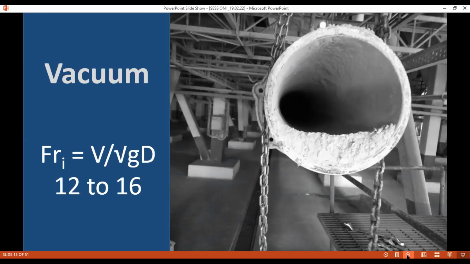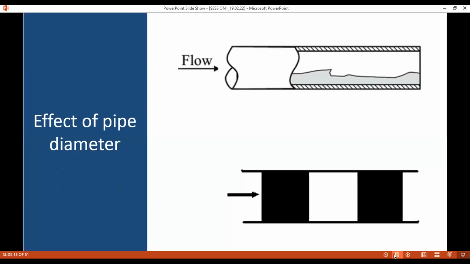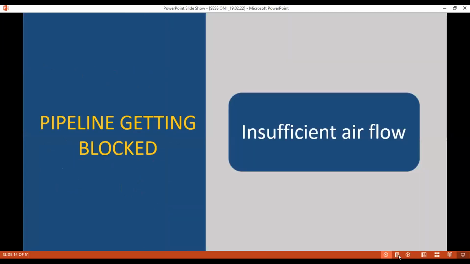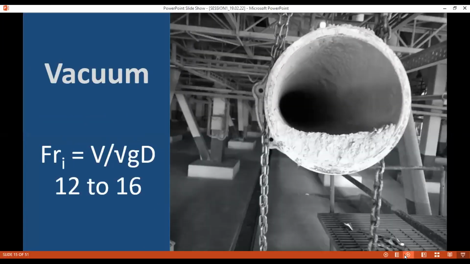We check everything based on the Froude number, which is the velocity divided by the square root of g multiplied by D, where g is the acceleration due to gravity and D is the ID of the pipe. For vacuum, you need this number in the range of 12 to 16. I missed giving the pressure reading: for pressure, it will be from 6 to 8.